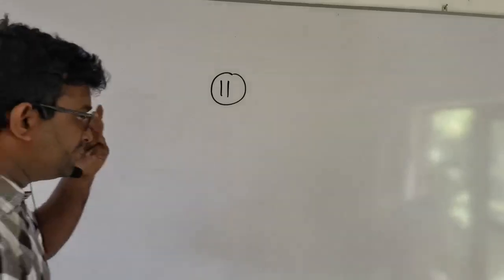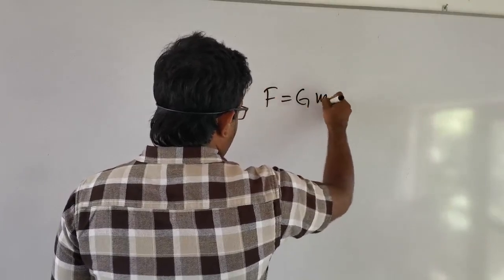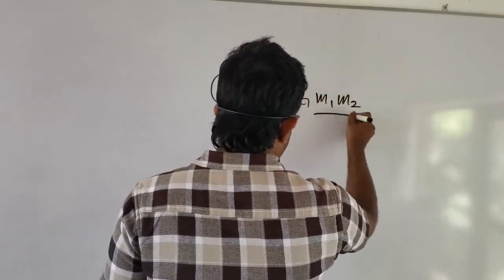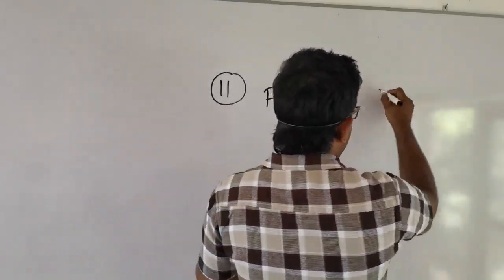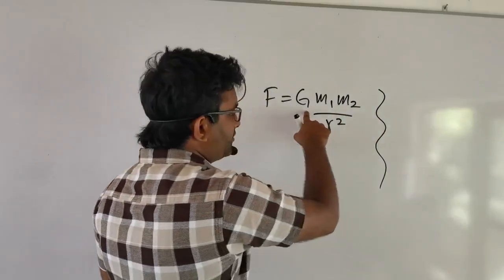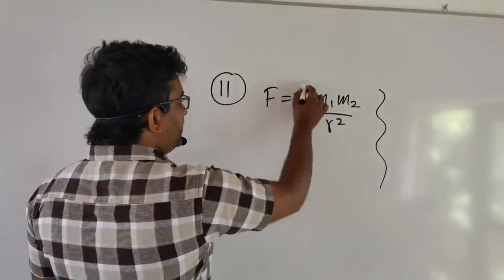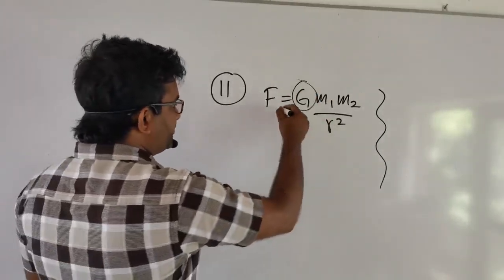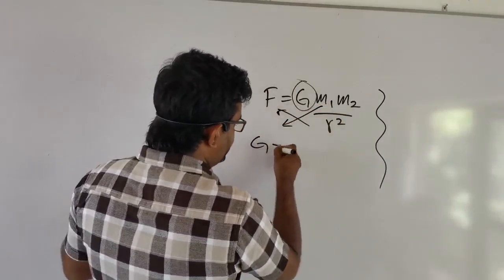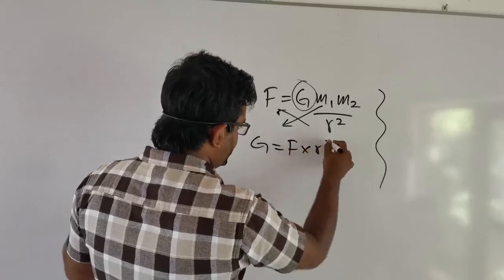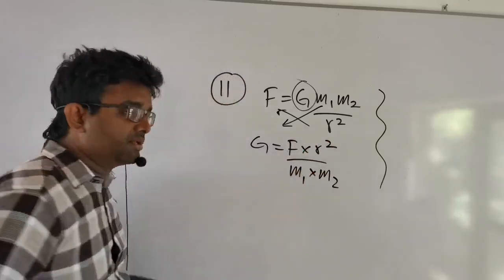This one is about the equation F equals G m1 m2 over r squared, and we need to find the units of G. The first thing we need to do is make G the subject, so we cross multiply the others. Then G is equal to F into r squared divided by m1 into m2.